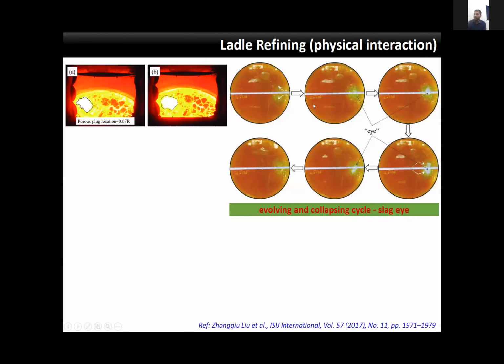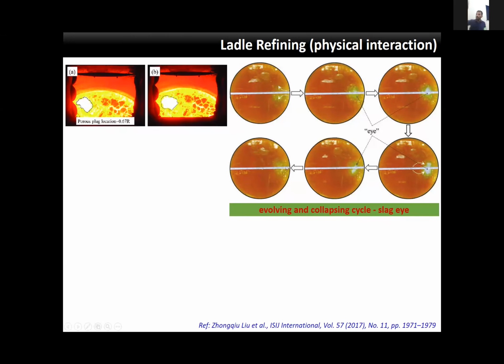this using the water model, which is one of the physical simulation techniques. You can see that when you purge argon in the ladle, there will be slag eye formation. The slag eye will first form, and it follows a cycle. The eye will evolve and then the eye will dissolve, collapsing.